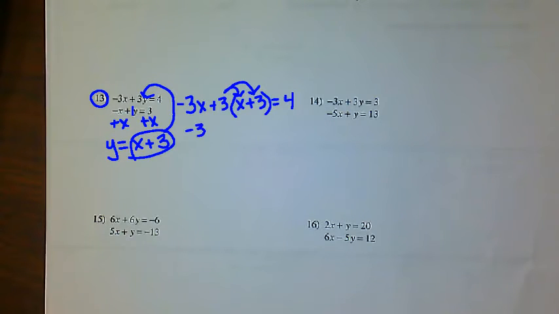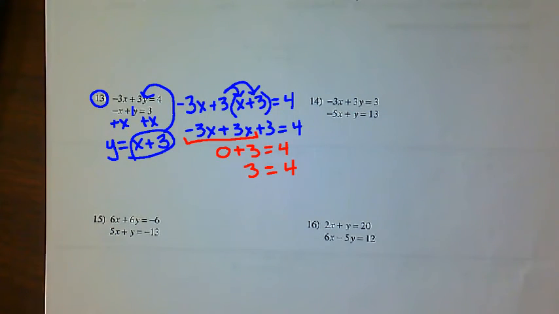So I get negative 3x plus 3x plus 3 equals 4. Well, what happens here is what happens when I put these two things together? They cancel out. So I get 0 plus 3 is equal to 4. So 3 is equal to 4.